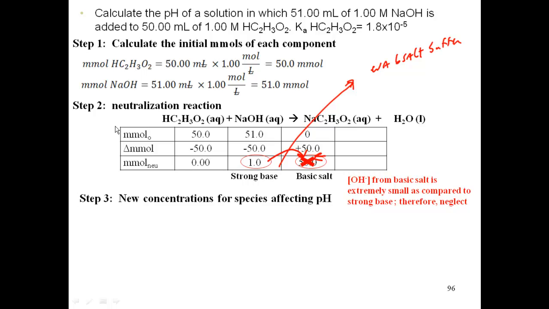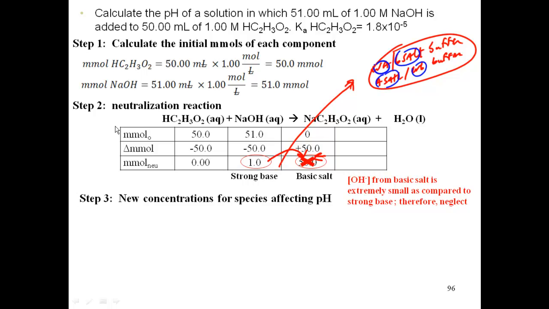So you're going to get a buffer situation. Or it could be the opposite. You could have an acidic salt and a weak base. Okay, so you could get some buffer. So in that case, you got to handle both, right? You need to handle the weak acid and the basic salt, or the acidic salt and weak base. You got to handle both components.